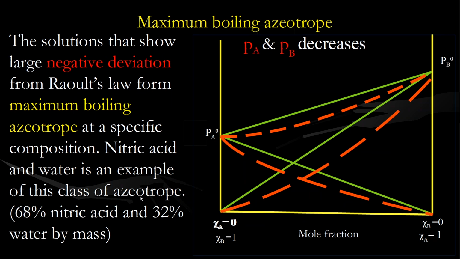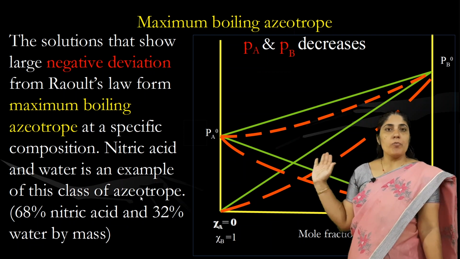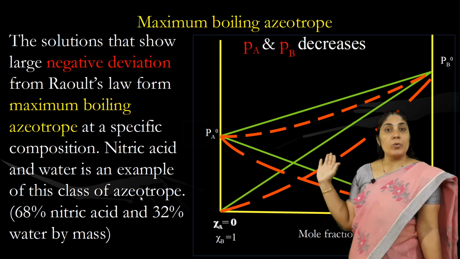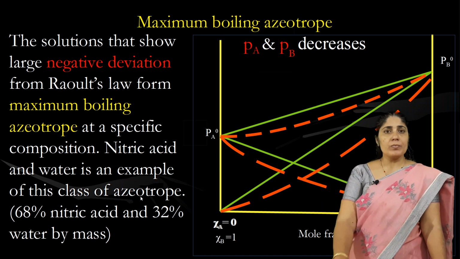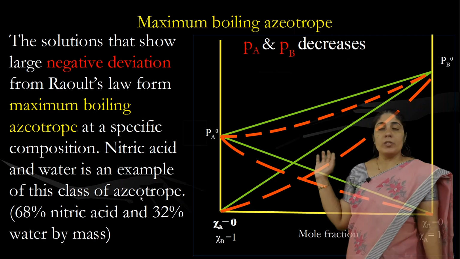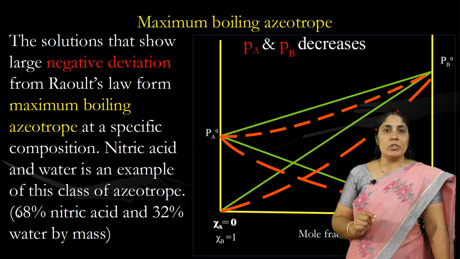Now let's discuss the maximum boiling azeotrope. The maximum boiling azeotrope is shown by those solutions which give negative deviation. Here an example is also given. Nitric acid and water is an example of a negative deviation solution which we have already seen previously. When these two liquids are mixed together, we come across a particular concentration condition.